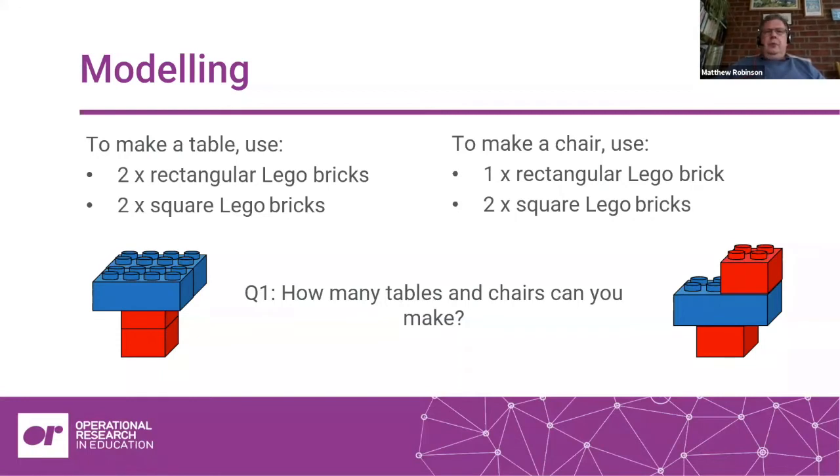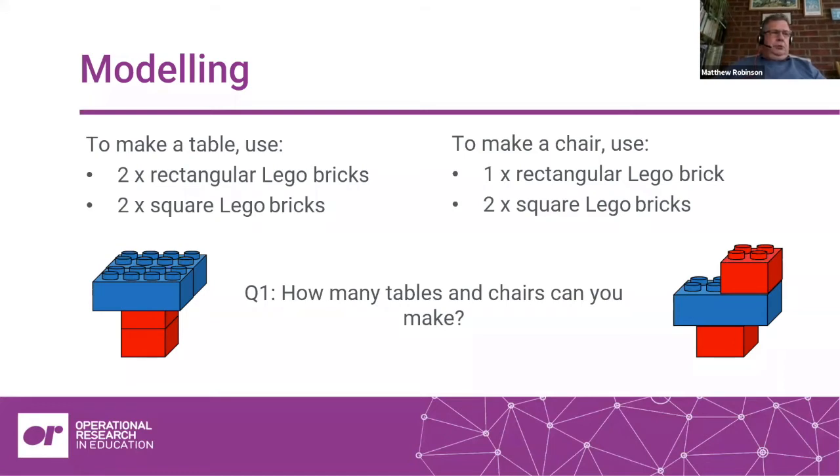So you should have some combinations. There are really four main combinations you can build. So you could build 4 chairs, in which case you would then have 2 of the rectangular pieces left over. You could decide to build 1 table and 1 chair, in which case, again, you would have a rectangle left over.